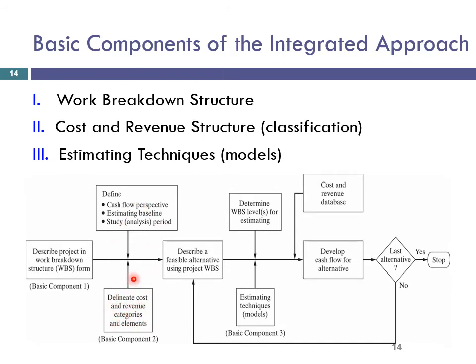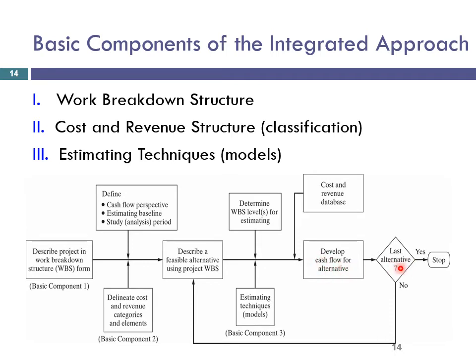Okay, and then we describe each one of the feasible alternatives using the project's work breakdown structure. We will determine the WBS levels for estimating. We will use different estimating techniques, different mathematical models to estimate these revenues, costs, and so on. For this, we will use our database for historical data for the costs and revenues, and at the end we develop a cash flow for one alternative.